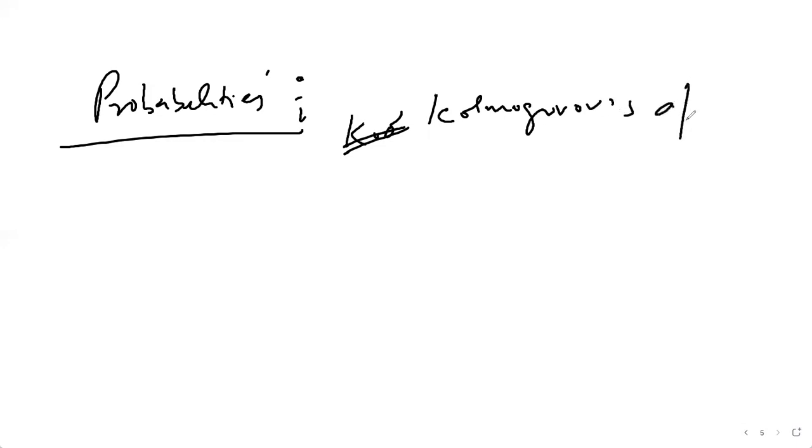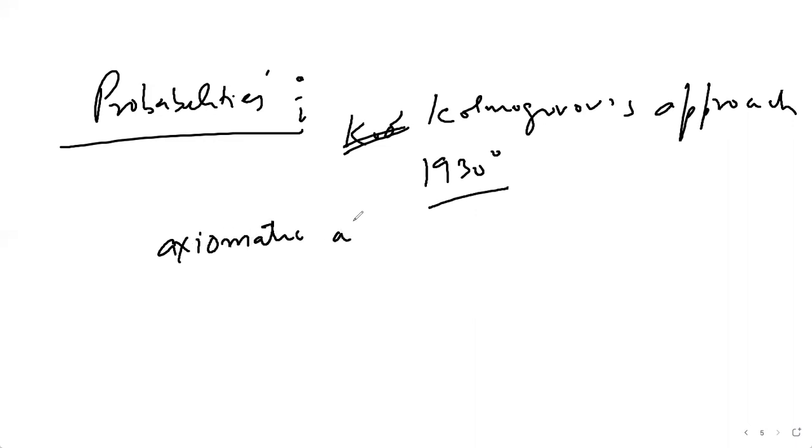Kolmogorov's approach came in 1930, and it is called the axiomatic approach. In the axiomatic approach, what does it require to define a probability, right? Kolmogorov's approach, so how do you define the probability?